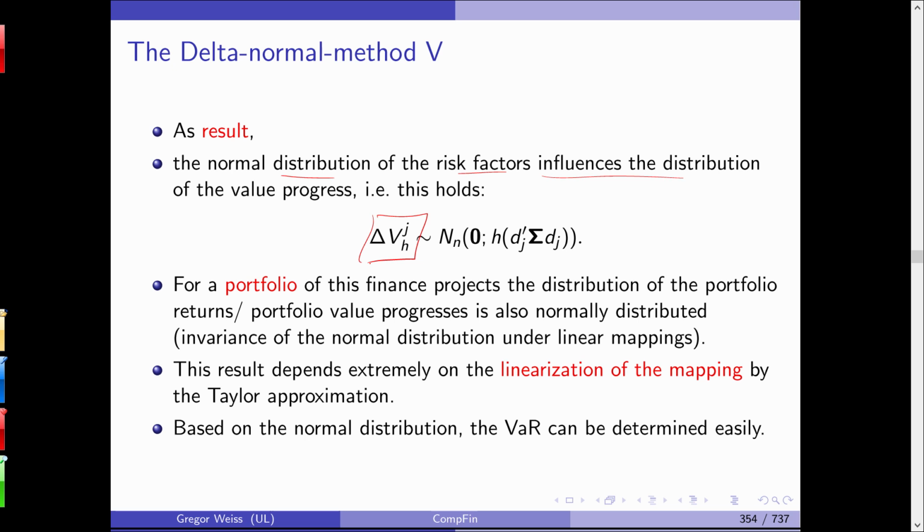Now, with a stock, this is quite simple. For a stock, you would simply take the price of the stock as the single risk factor, and it's a very simple risk mapping.